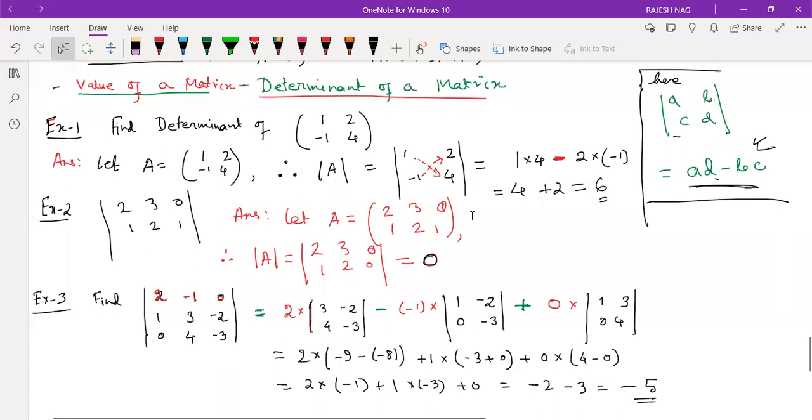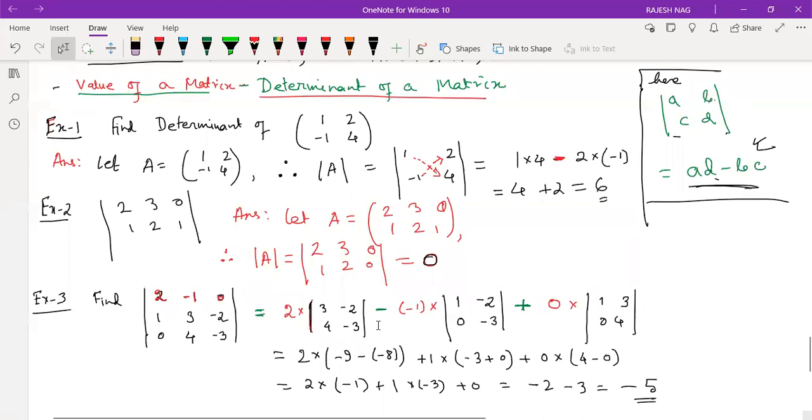See this formula. So we use this second order here also, and here also. So naturally, if we try to find the fourth order determinant, that is a 4 by 4 matrix determinant, naturally the third order determinant is required for that. So that is a huge calculation. Okay.